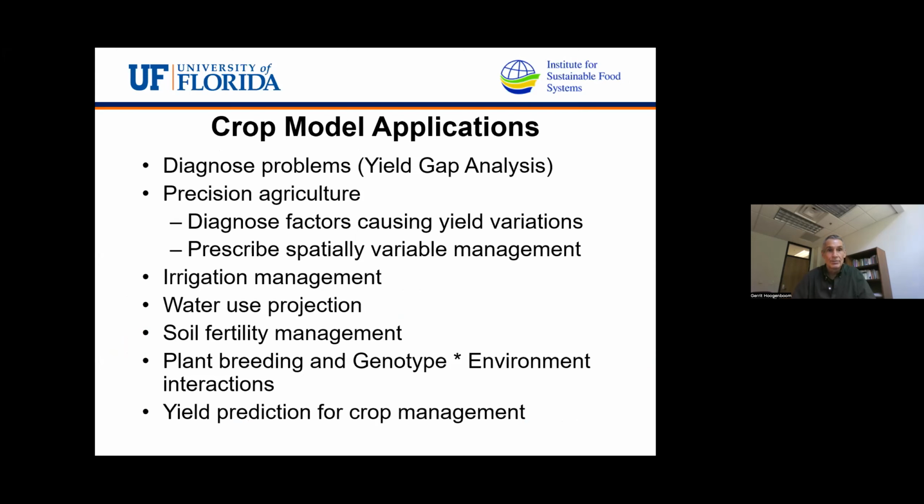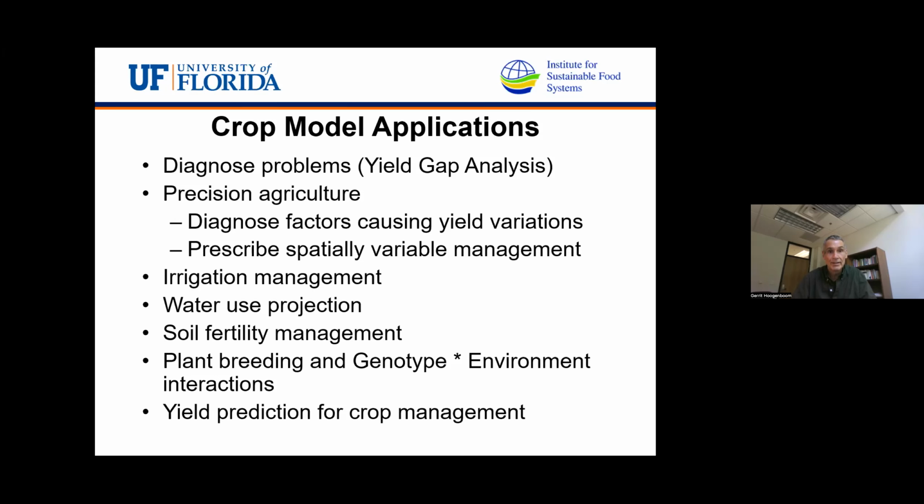So with respect to crop model applications, my title is really looking at G by E by M interactions. But if you look at these interactions, we can use these models for a whole range of applications. So the original crop models, when they were introduced as part of the USAID project, was really looking at yield gap analysis in developing countries.